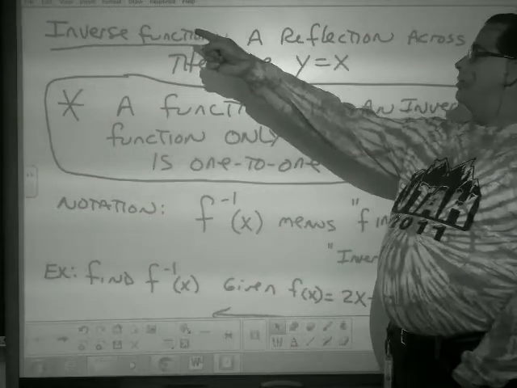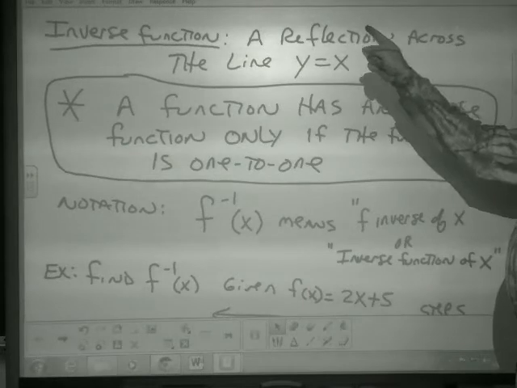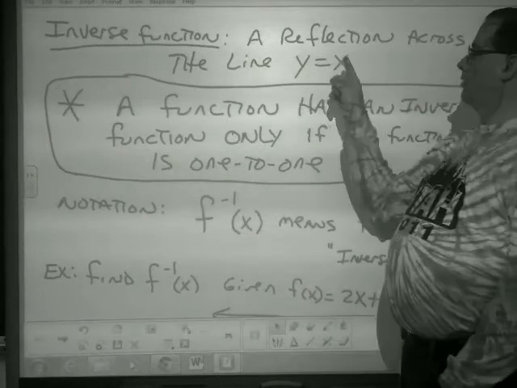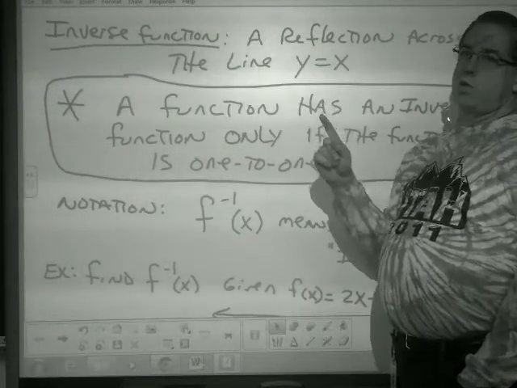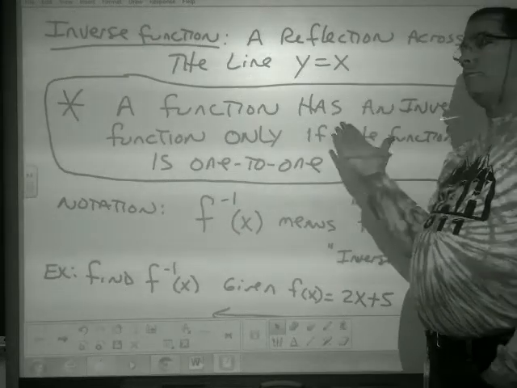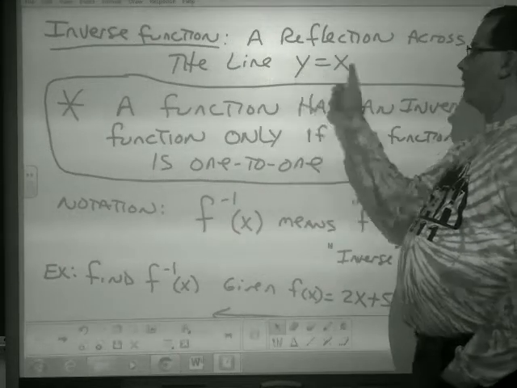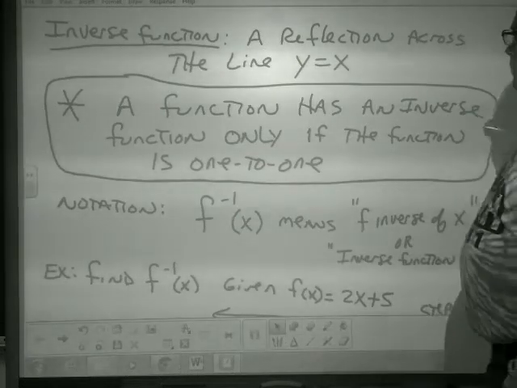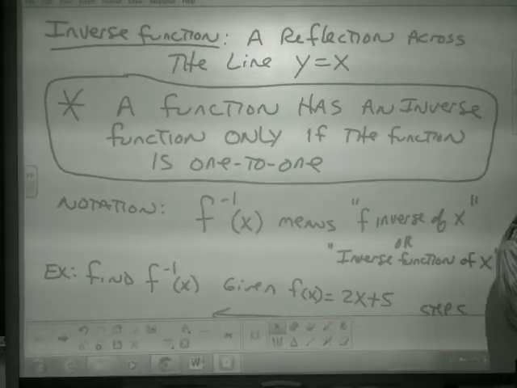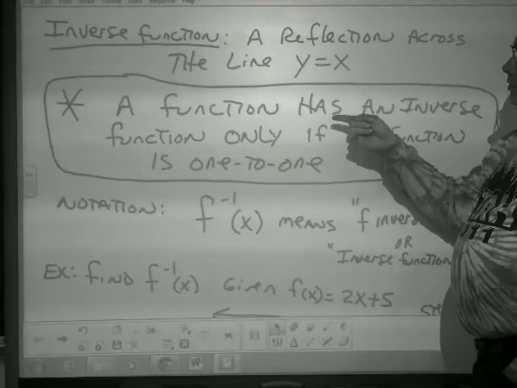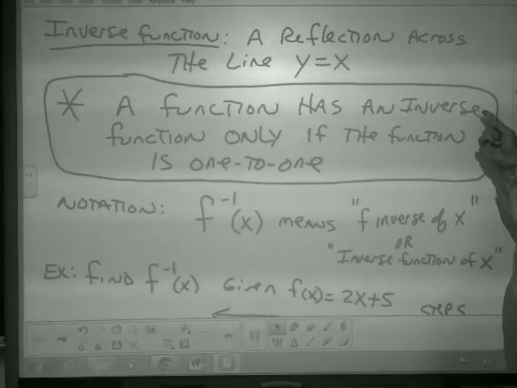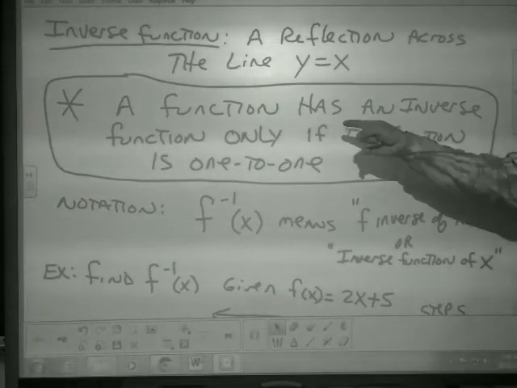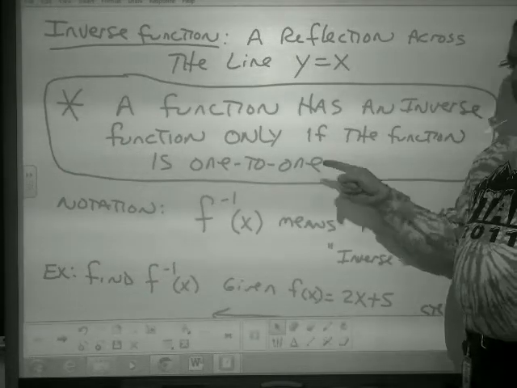An inverse function is a reflection across the line y equals x. If I take a graph and reflect it across the line y equals x, I've created an inverse function. Something to note here: a function has an inverse function only if the function is 1 to 1.